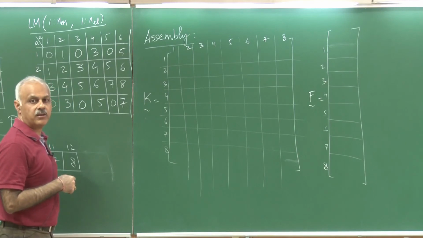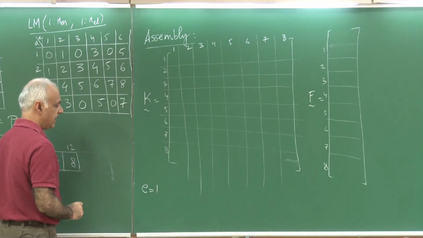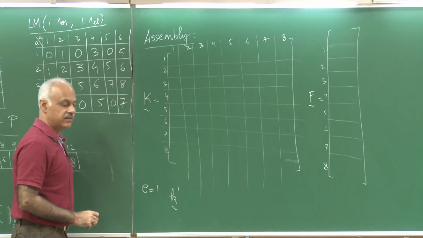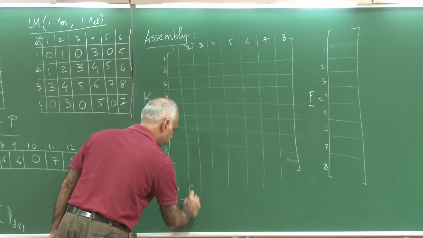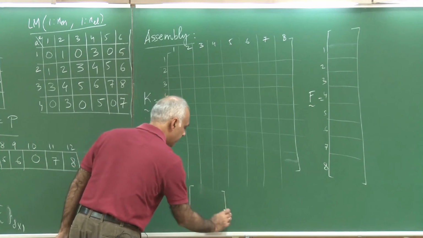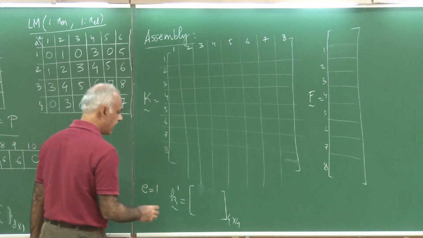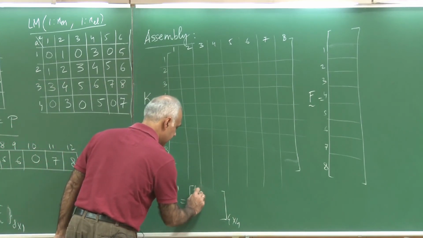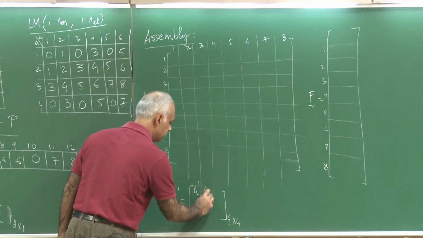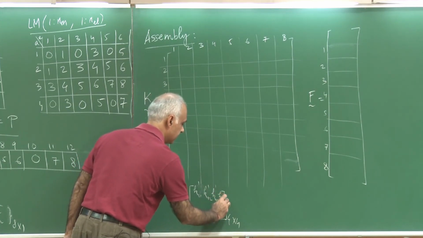I am now going to start from the first element. Let us first take E equal to 1 and assume that I have this K matrix, which is a 4 by 4, so it has 16 entries. I would have something like K1, where the superscript denotes the element number: K11, K12, K13 and K14.